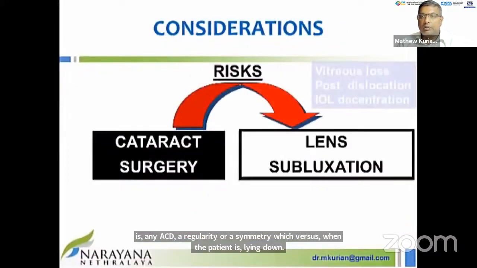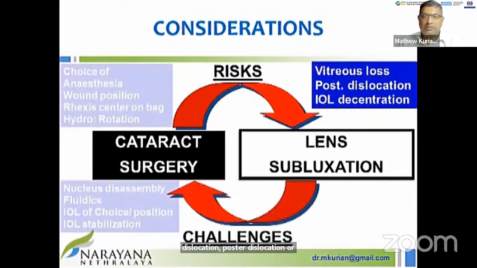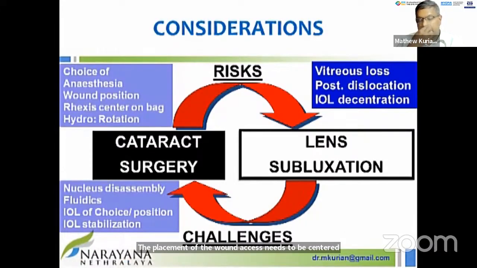The risks involved are vitreous loss, posterior dislocation, or IOL decentration, which can happen in the late stages also. The intraoperative challenges include the anesthesia that we would do, the placement of the wound, and the rhexis needs to be centered on the bag. Hydrodissection is very critical because that is what allows us to rotate the lens in the bag in the situation of weak zonules.